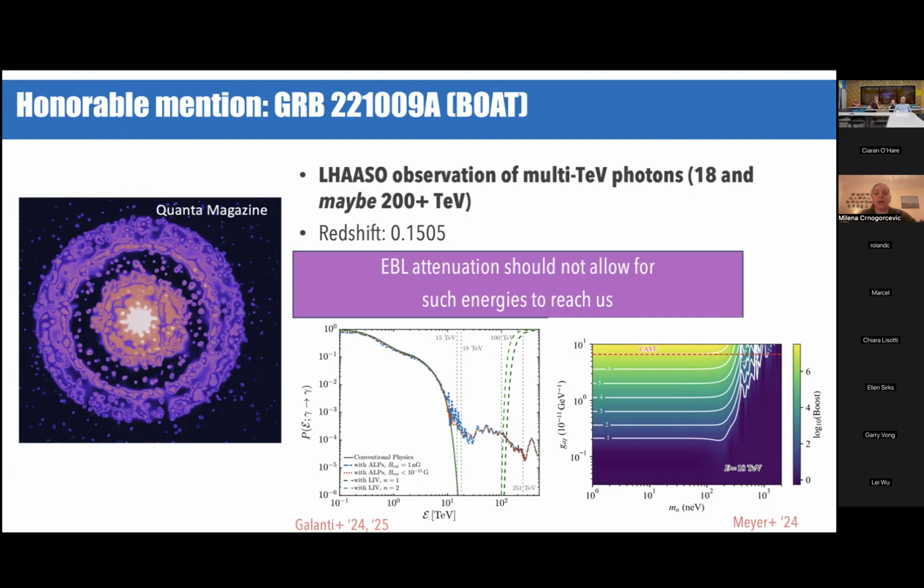And as such, claiming that something is an 18 TeV photon also really spans that the potential energy of this photon could be on the order of a few TeV, where we see that the probability of survival increases pretty quickly. So ALP searches with these instruments should be very carefully done, and especially at these higher energies.